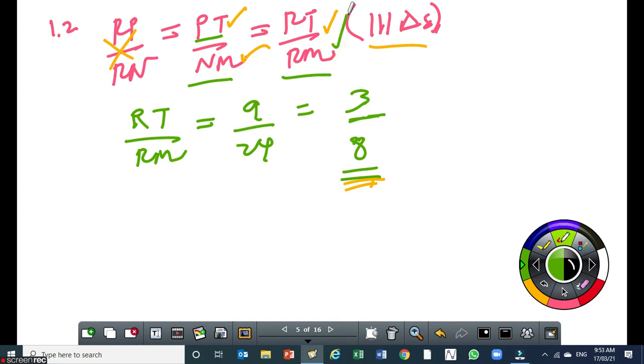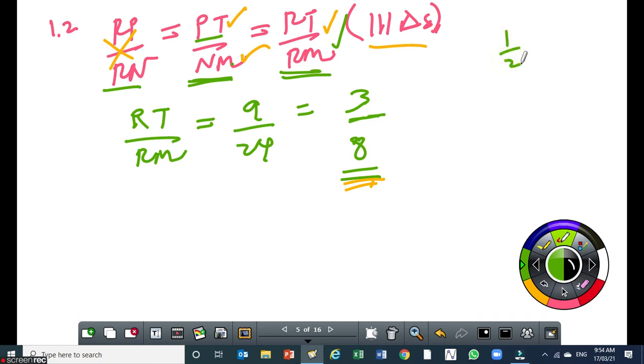If you take one of them, like say PT over NM, you know the value of that ratio. If you want to determine the ratio of their areas, all you have to do is square this ratio, or square that ratio because they are equal. Like for example, let's say PT over NM is equal to a half.